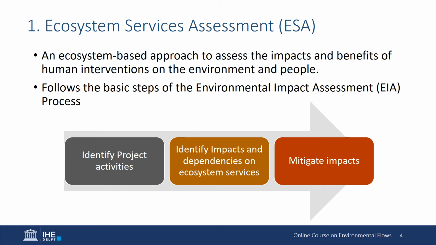In summary, here is identifying project activities that might affect the environment or the ecosystems, identify the impacts that this can have on ecosystem services or on those groups of individuals that depend on them, and identify mitigations or measures to reduce the impacts on ecosystems.